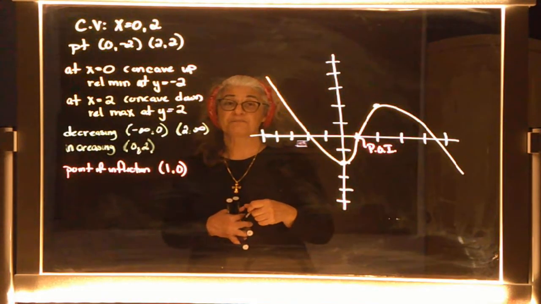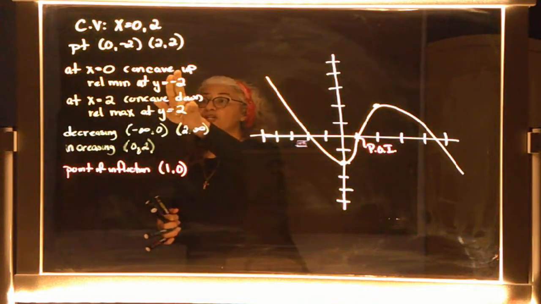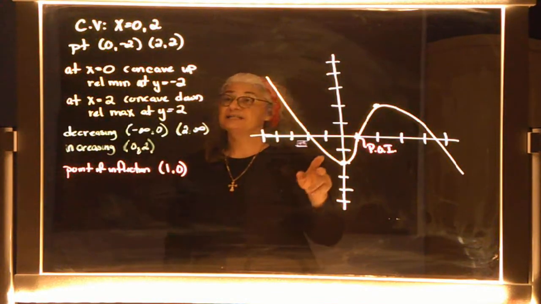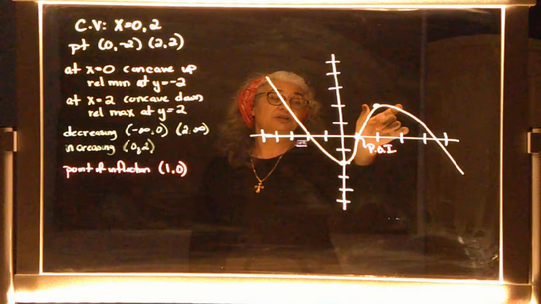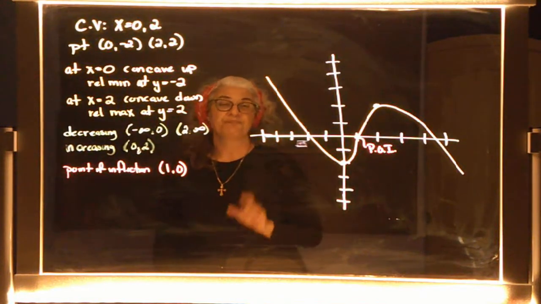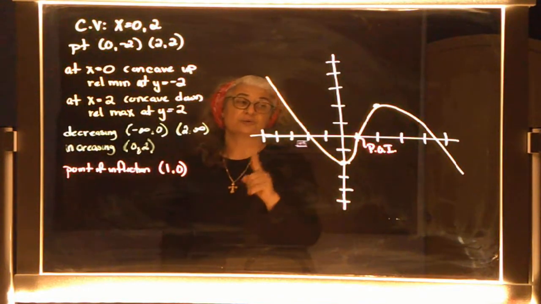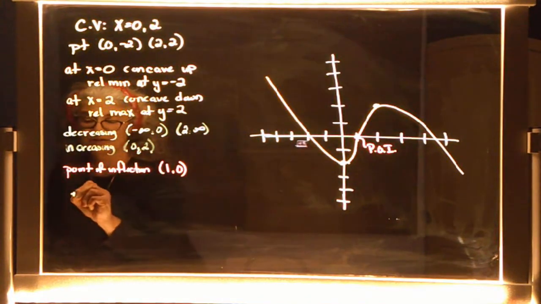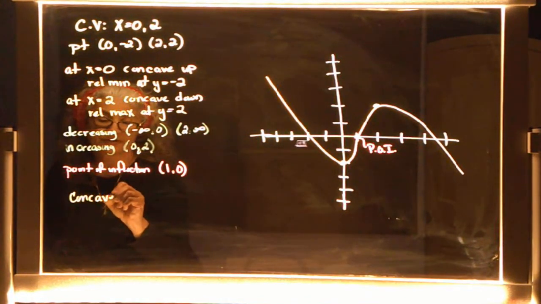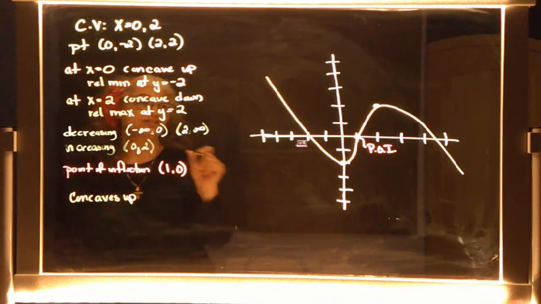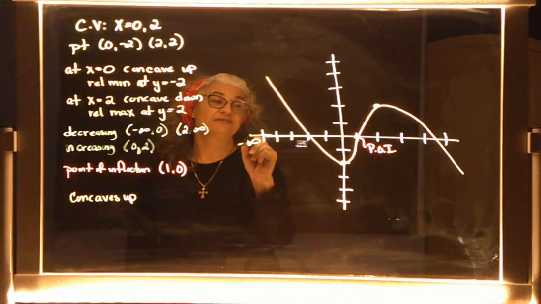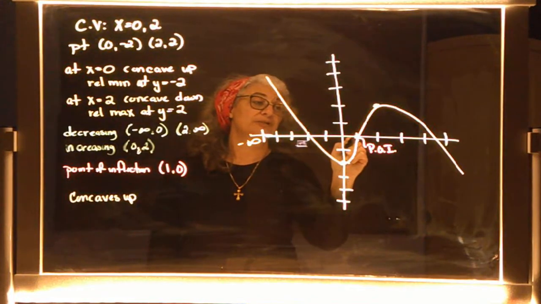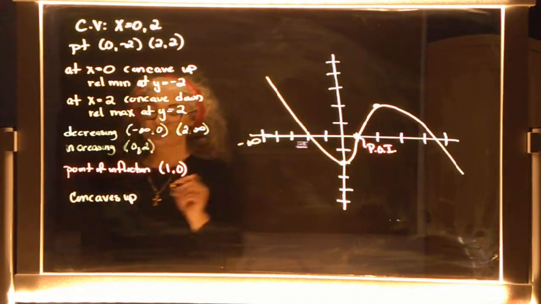Make sense? Now notice we said it concaved up at 0, negative 2, and it concaved down over here at 2, 2. Now, here's the deal though. The true concavity, where it concaves up, is actually from negative infinity to the point of inflection, which is 1.